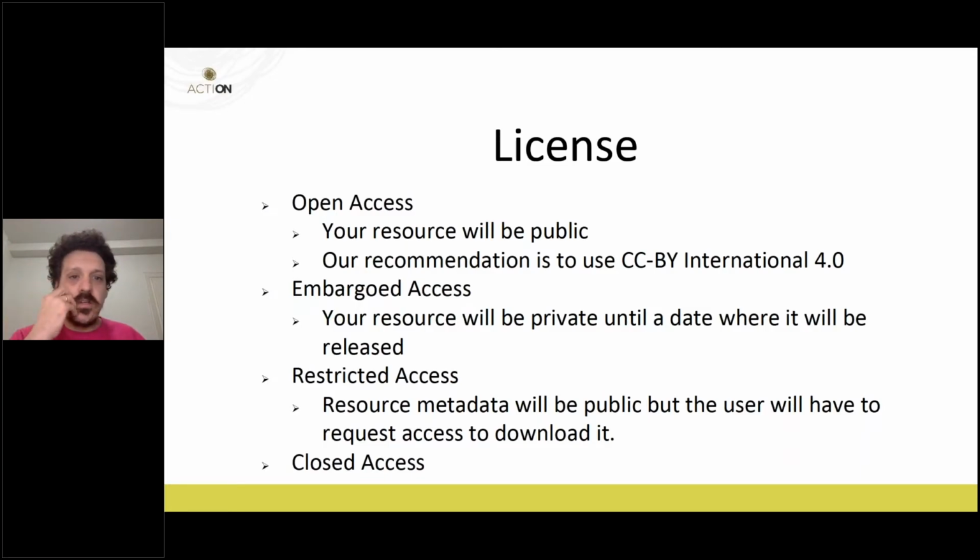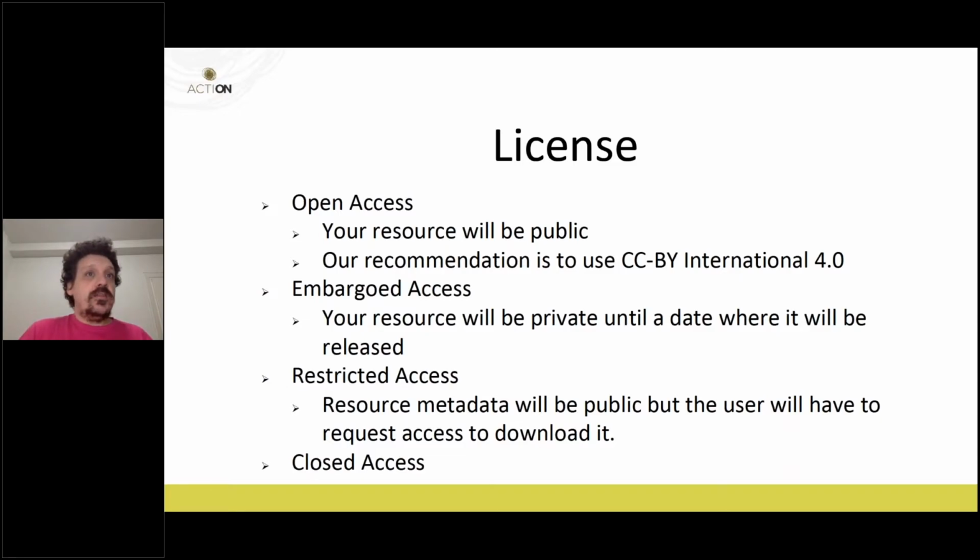Our recommendation is to use the CC BY International 4.0. Basically, everybody can share it, download it, and remix the content. They only have to cite you, to give the attribution: this data came from this project.